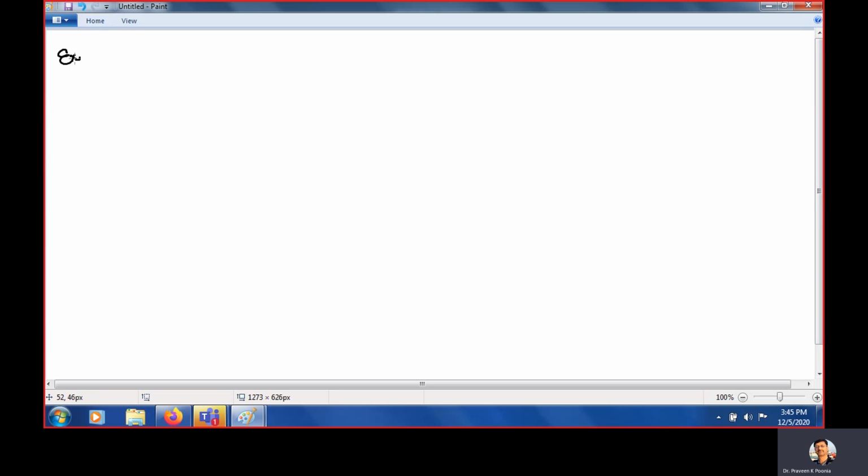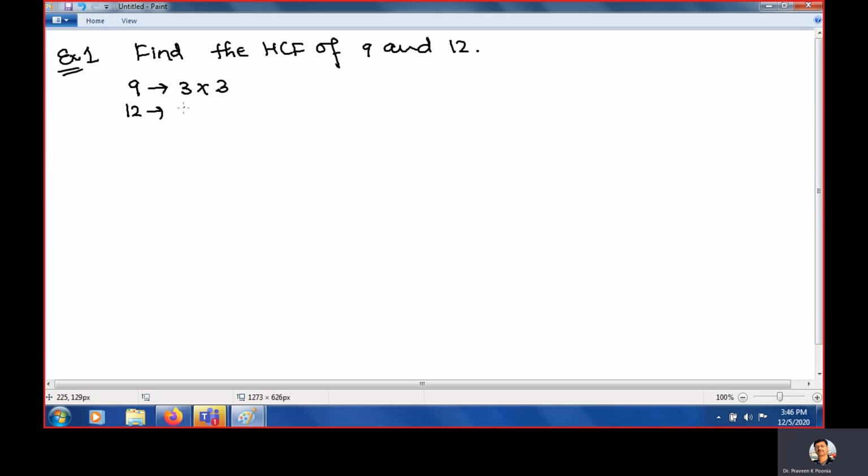Let us take example number 1. Find the HCF of 9 and 12. First write the prime factors of 9: 3 times 3. Then write the prime factors of 12: 2 times 3 times 2.